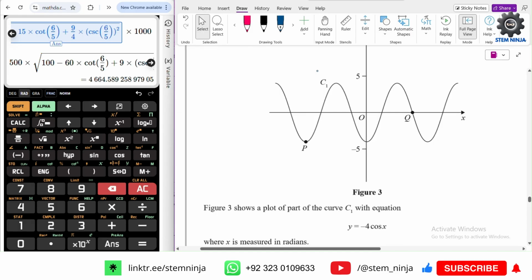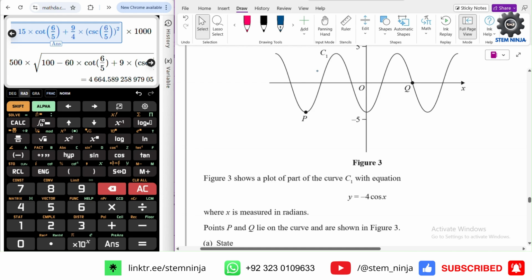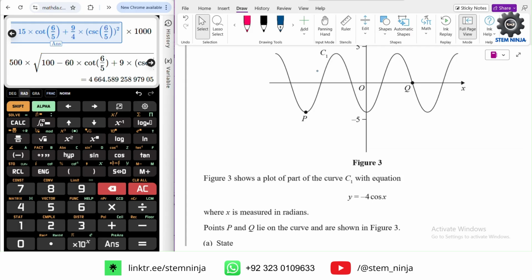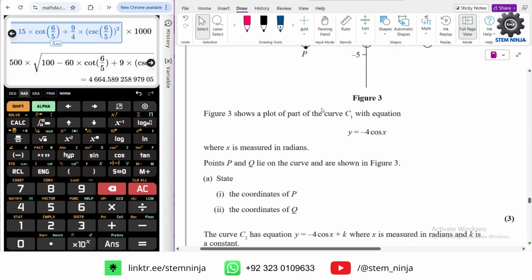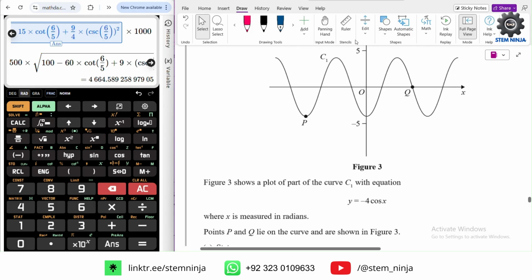Figure 3 shows a plot of part of the curve C1 with equation y is equal to minus 4 cos x, where x is measured in radians. Points P and Q lie on the curve and are shown in figure 3. State the coordinates of P and the coordinates of Q. Okay.